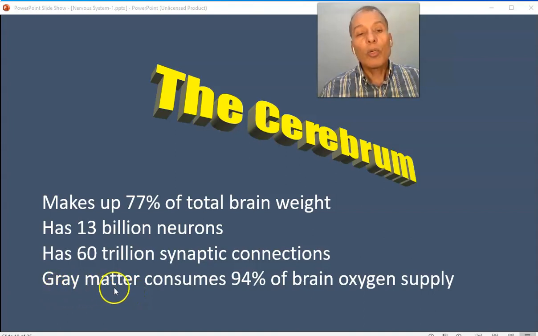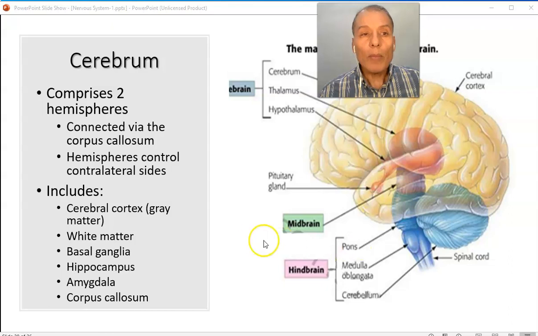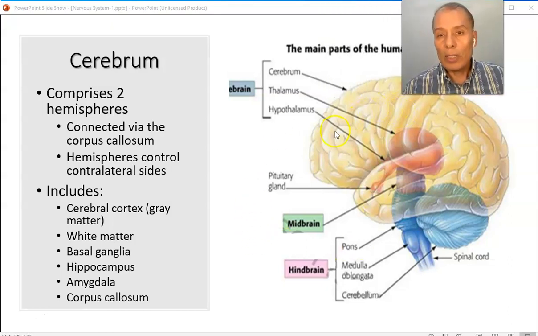It consists primarily of gray matter, and the gray matter consumes more than 94% of the oxygen supply because it works. It is like factories. All the bodies of these neurons are working constantly. So that is the cerebrum.